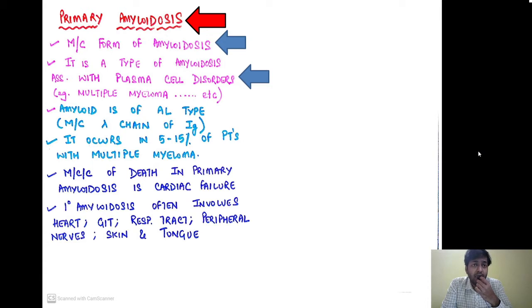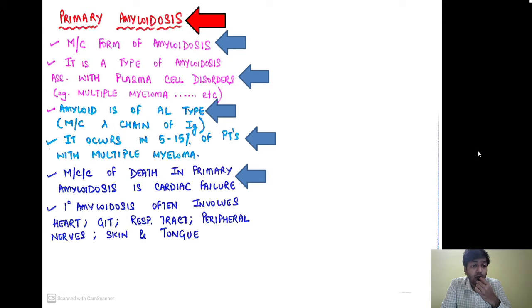The amyloid in this category is of AL type, and most commonly it is composed of lambda chain of immunoglobulin. It occurs in just 5 to 15% of the patients with multiple myeloma, meaning that not all patients of multiple myeloma will suffer from amyloidosis.